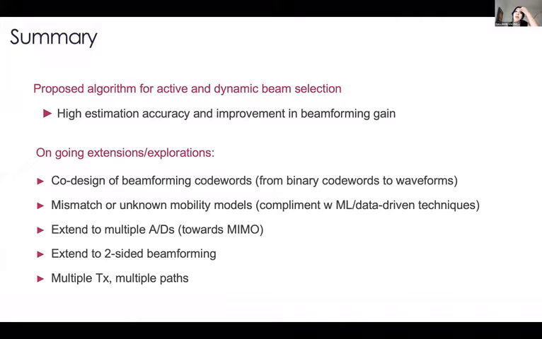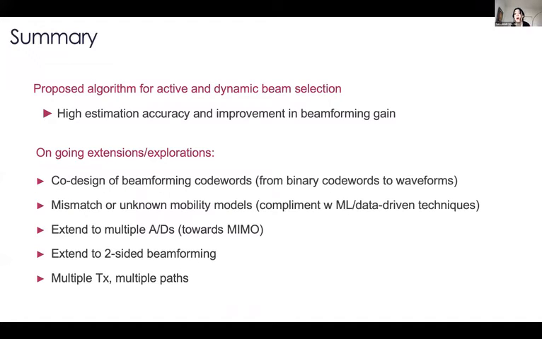So in summary, we have proposed this algorithm for dynamic beam selection, and we have shown that this dynamic arrangement of beamforming allows you to do a soft trade-off between communication and sensing.